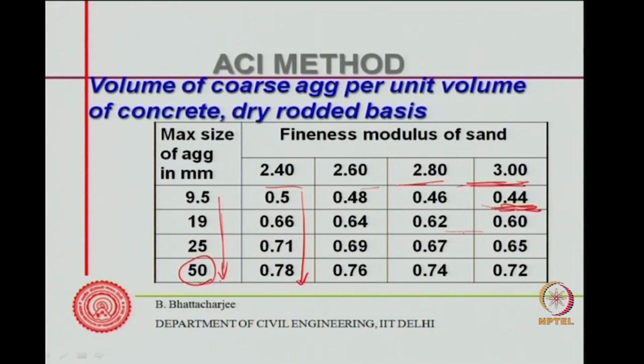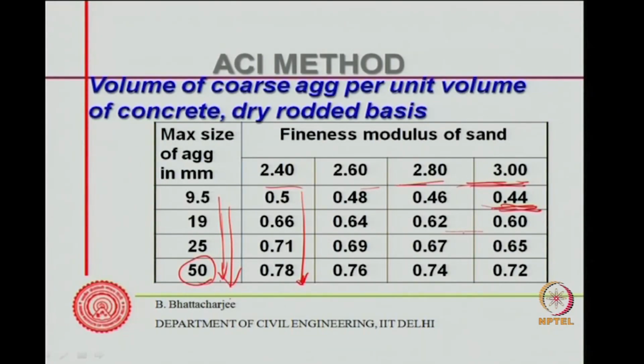It fits into the overall grading better, and the space is filled by less coarse aggregate. That is why, with higher fineness modulus of sand, this is decreasing, and as we increase the MSA, the aggregate volume increases.